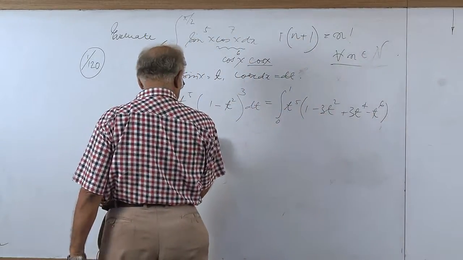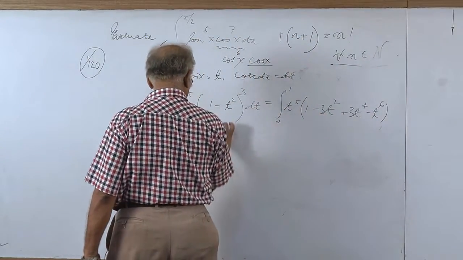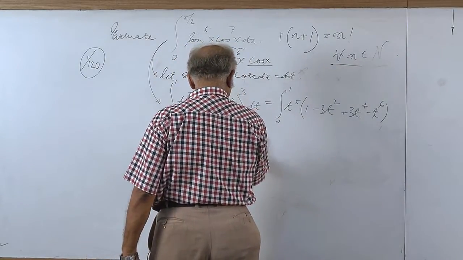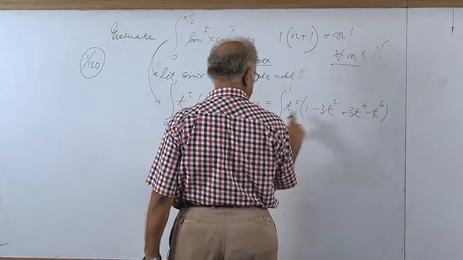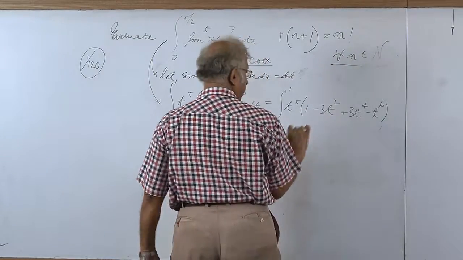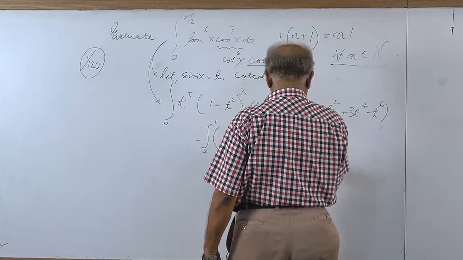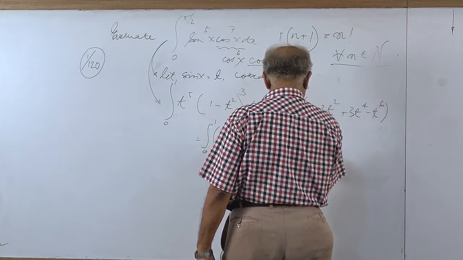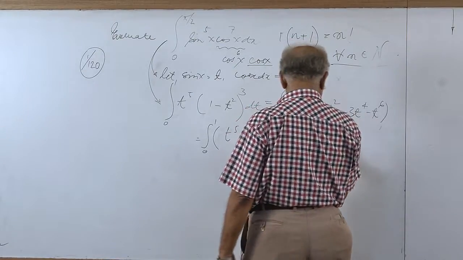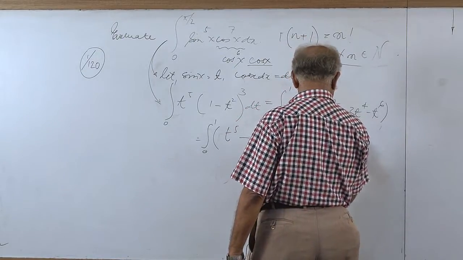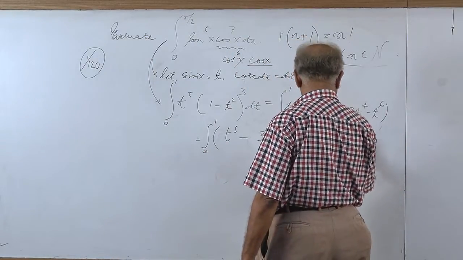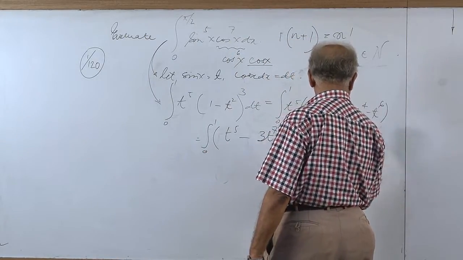Now this will be nothing but the integral from 0 to 1 of t to the power of 5 minus 3t to the power of 7 plus 3t to the power of 9 minus t to the power of 11, to be integrated with respect to t.